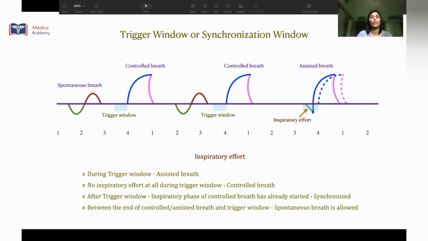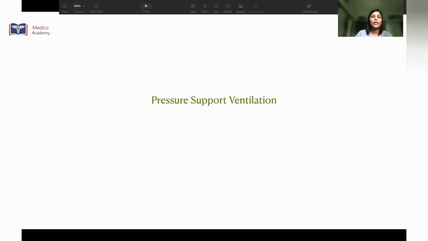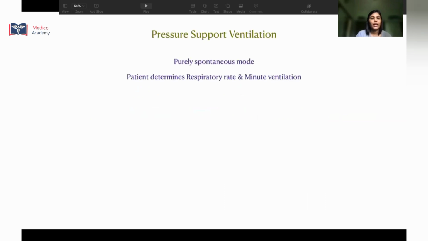It is still being used quite commonly as a start point of weaning the patient from the ventilator. So the third mode that we are going to discuss is pressure support ventilation. In pressure support ventilation, it's purely spontaneous.